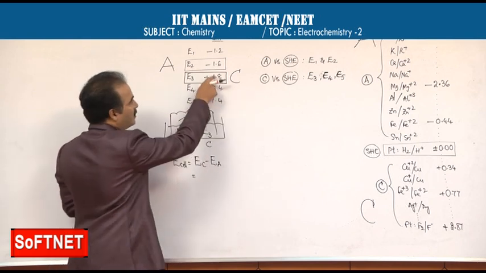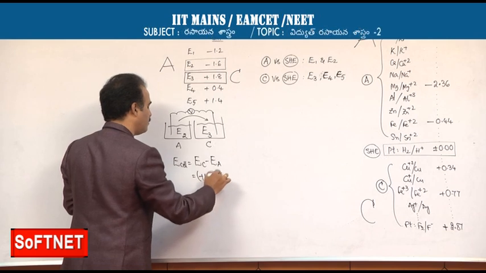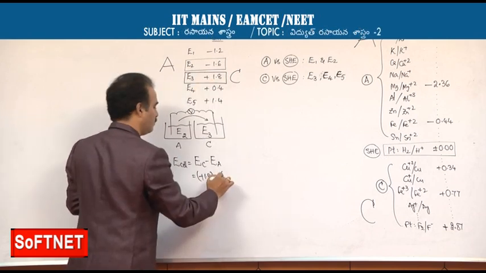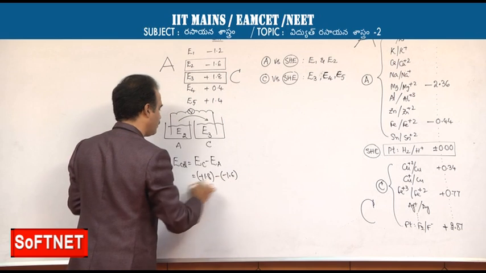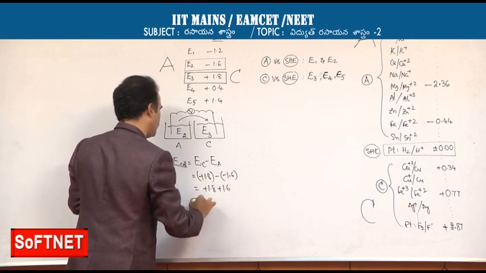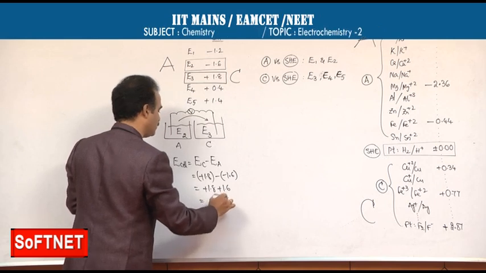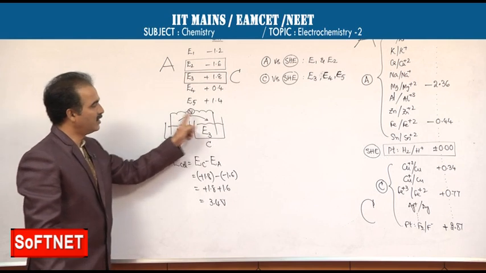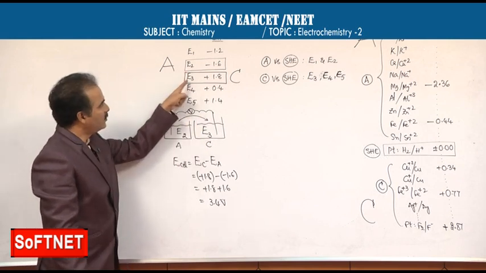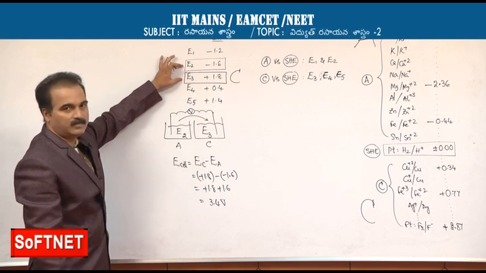Cathode electrode potential is plus 1.8 and anode is minus 1.6. So it is plus 1.8 plus 1.6, altogether 3.4 volts. So this much of EMF can be generated between E2 and E3. Maximum EMF is possible between these two.